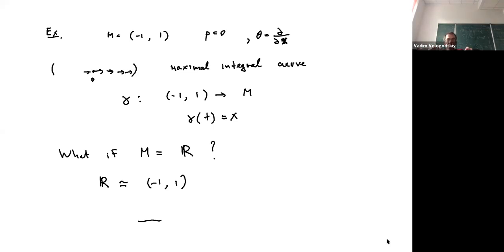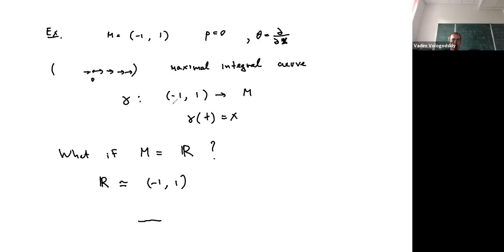When my manifold M is compact, all integral curves are defined for all t. And when my manifold is not compact, like the interval from -1 to 1, a maximal integral curve always exists according to the theorem whose proof I'm going to explain, but in some cases it can be defined only on a finite interval. So for example, here it cannot be extended beyond this interval.